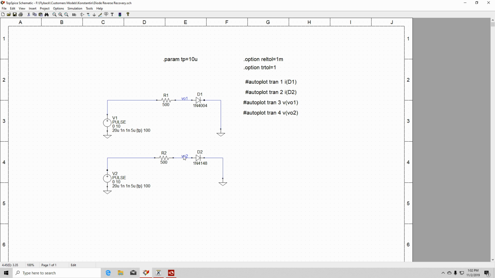Now I'm going to comment out the voltage across the fast diode. I just want to look at the voltage across VO1, which is the 4004. So I'll put a little comment there, a star. Oh, good.